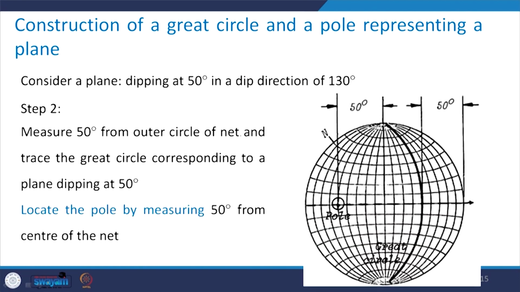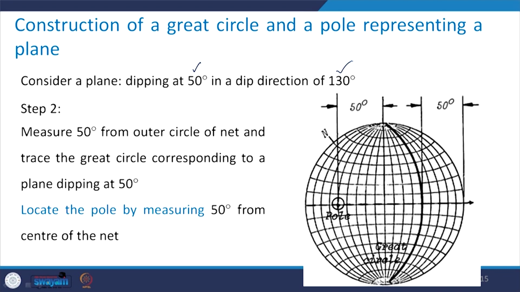Now what is the next step? We now have to measure 50 degree from this outer circle, and whatever is the great circle corresponding to this point, that is going to give me the great circle corresponding to the plane which has a dip of 50 degree and a dip direction of 130 degree.